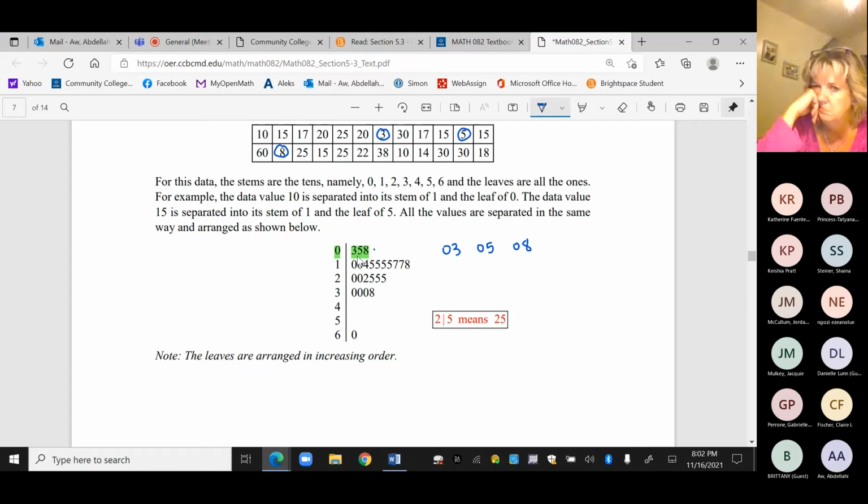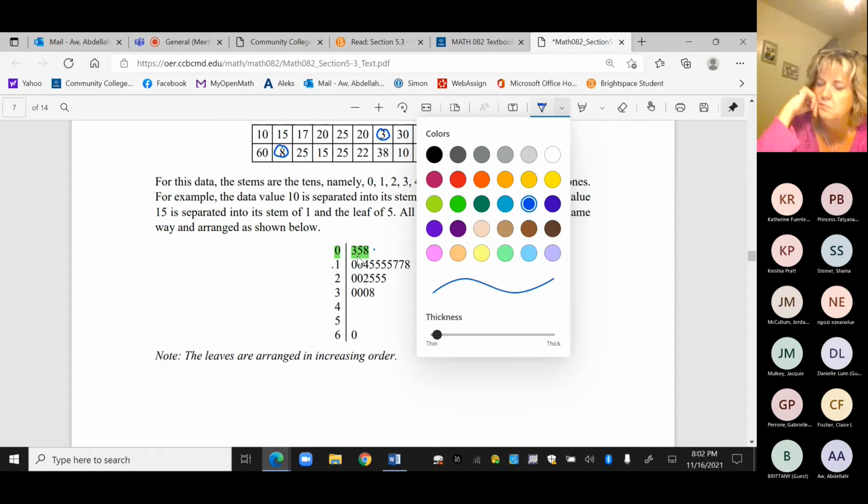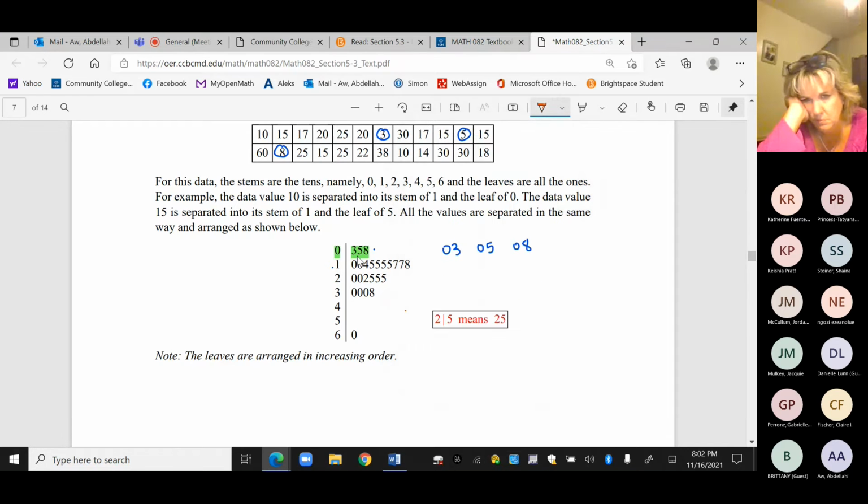Okay? Tell me, how many numbers does the second row represent? 1, 2, 3, 4, 5, 6, 7, 8, 9, 10. 10 numbers.